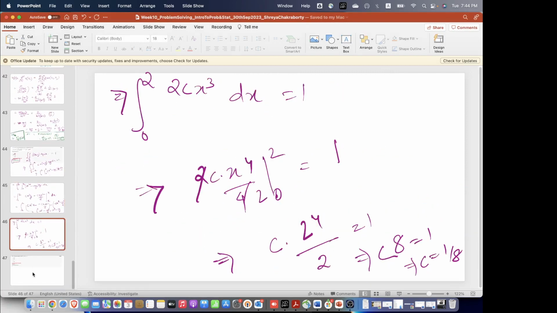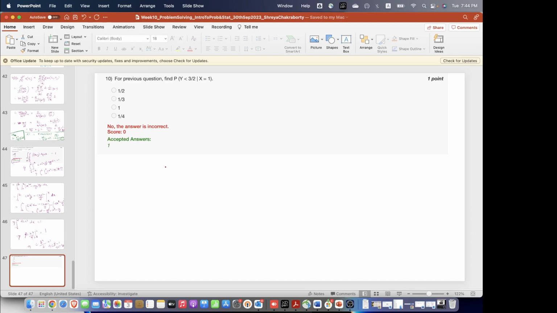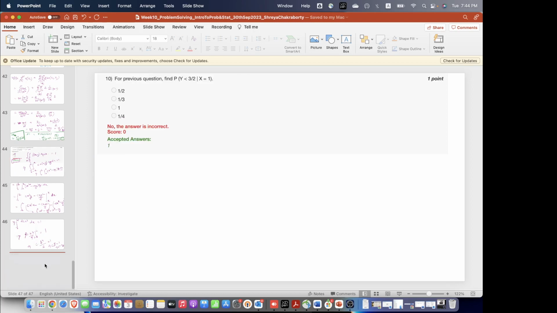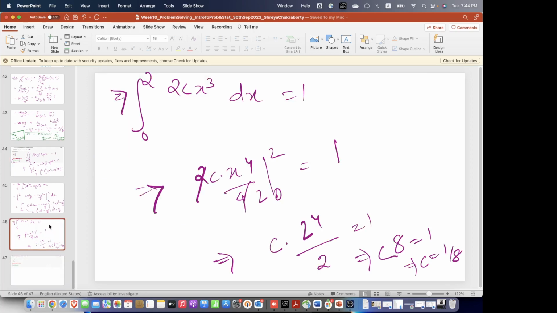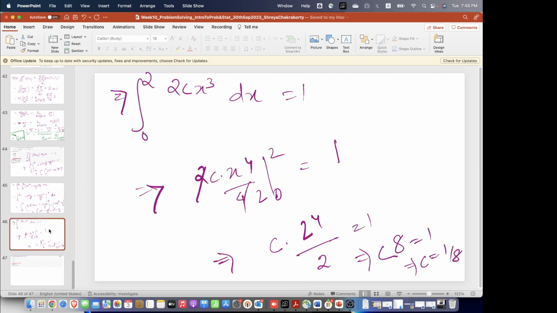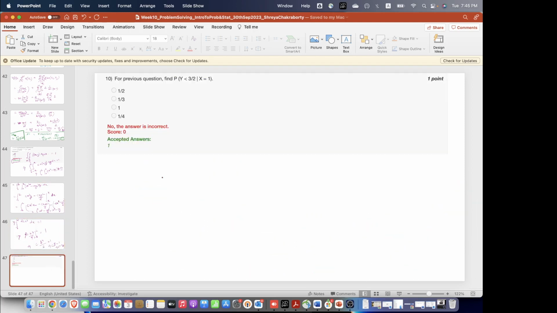So now we'll move on to the last problem for today. So the previous question, find probability y less than 3 by 2 given x equal to 1. So we have the conditional distribution. Given x equal to 1, we have to find out that probability y is less than 3 by 2 given x equal to 1.